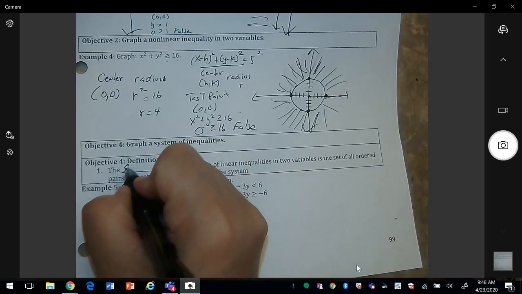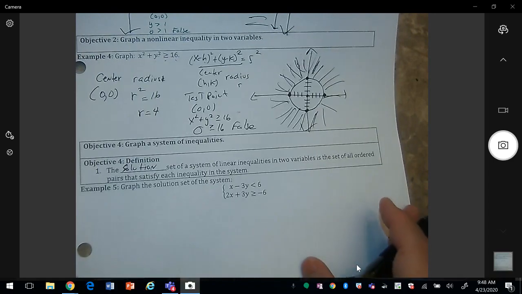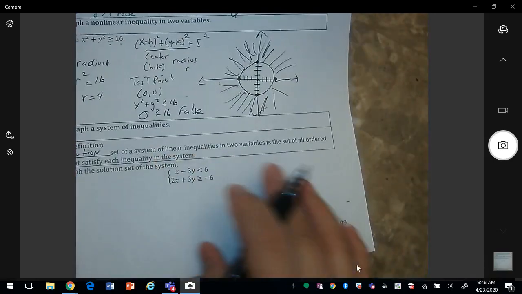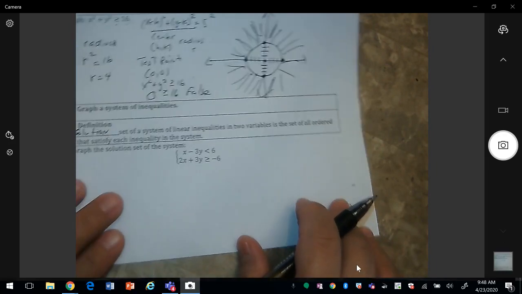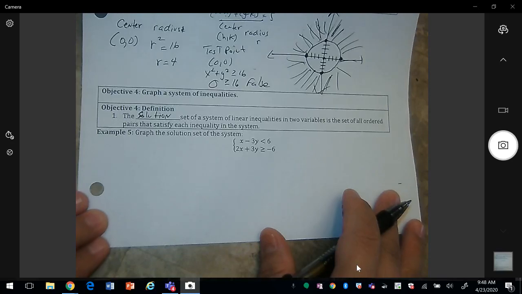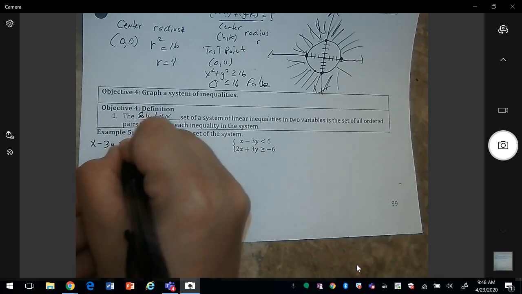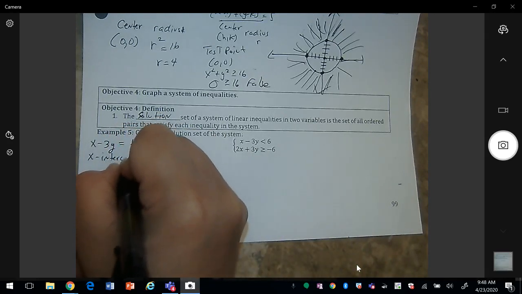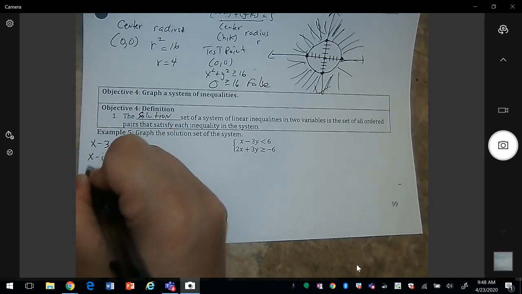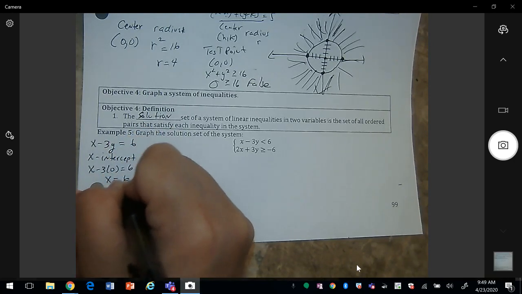Okay, so now we're going to be looking at a system of linear inequalities. So the first thing you want to do is graph the first line. And you can use any method. So I'm going to go ahead and use the x-intercept. That means that x will be 6.